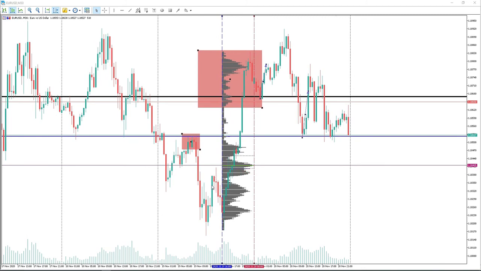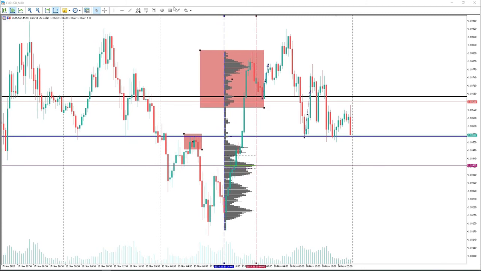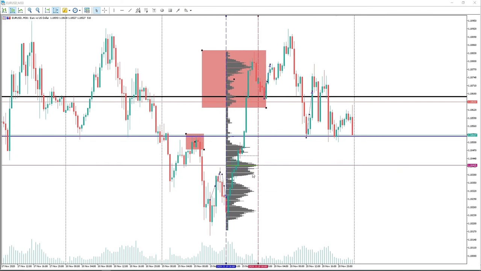This is based from this point, where we've got movement up there and movement down there, which is a resistance, and resistance becoming support. So that is the reason why I'll be trading it here. It's basically that simple.